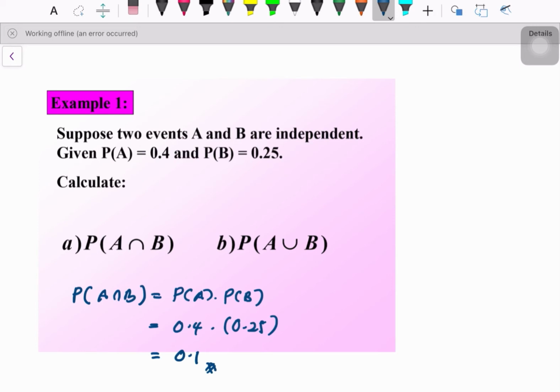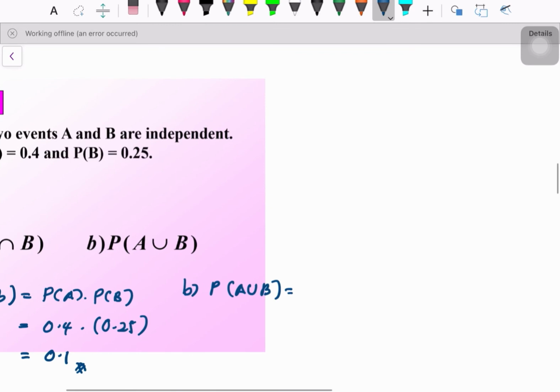For part B, we are looking for the probability of A union B. The same rules apply here. If you still remember the rule for A union B, it is P(A) plus P(B) minus P(A intersect B).